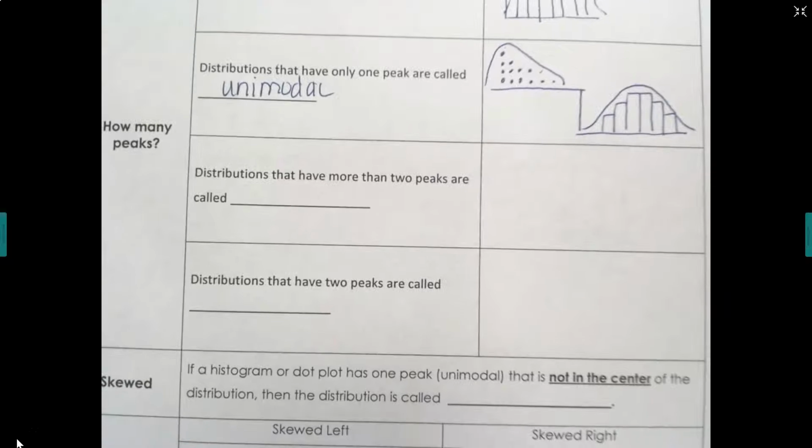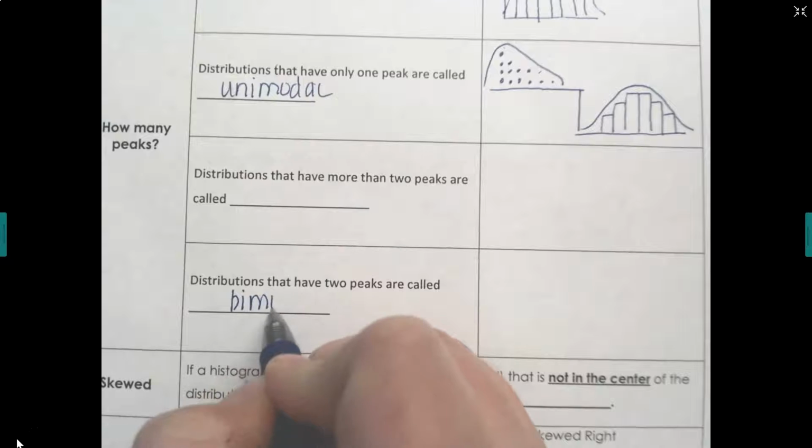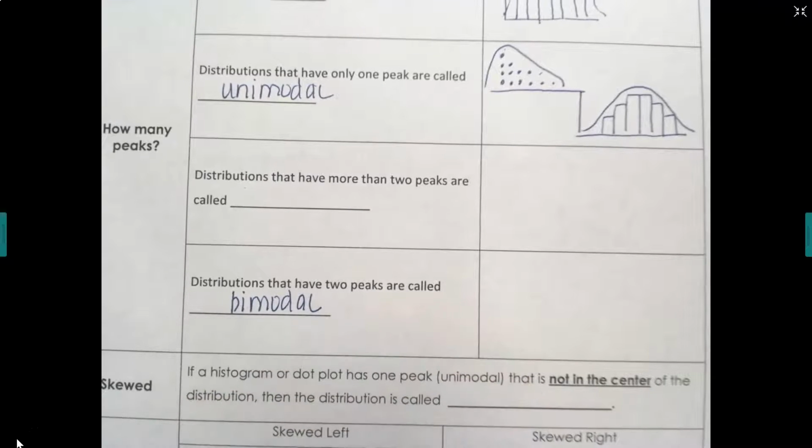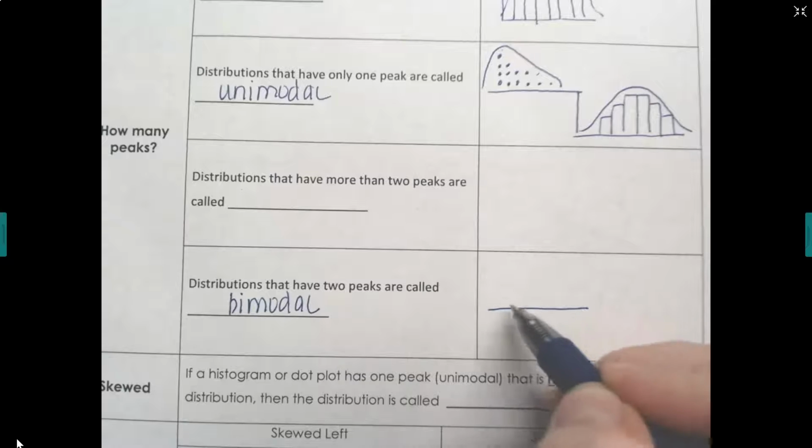I'm going to skip to the bottom one and then come back to the next one. If a distribution has two peaks, we call that bimodal. So that's going to have two. Let me give you a dot plot here.